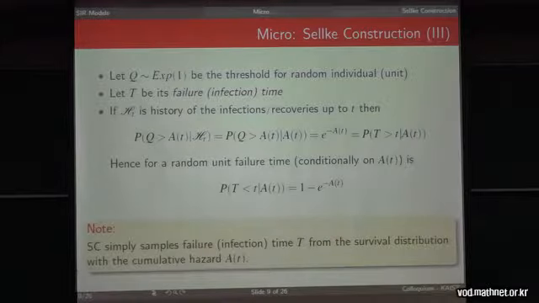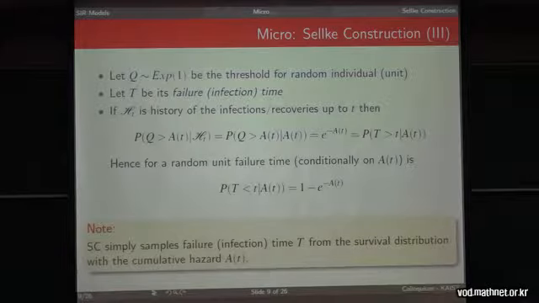So maybe this is not such a useful thing to do, but it turns out that that particular representation can be simplified, at least approximately, and can look much simpler in very large populations. And that's kind of where I'm going with this.